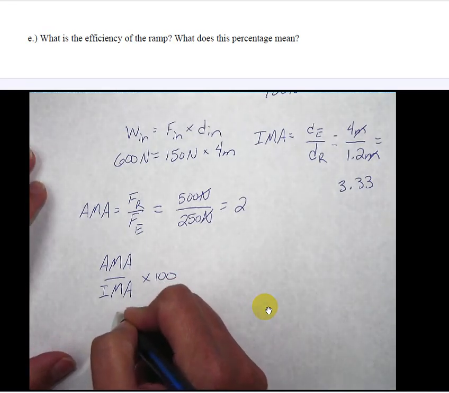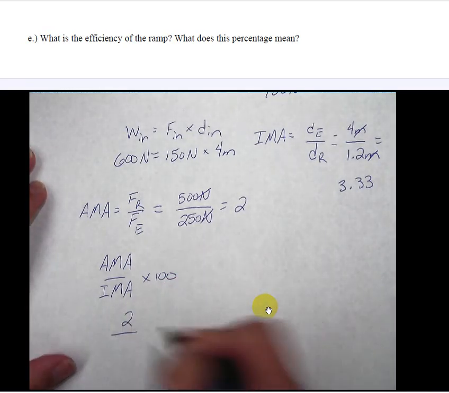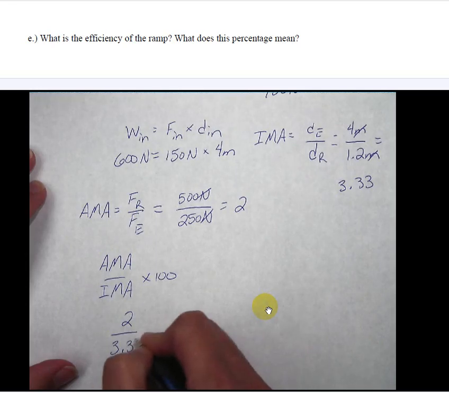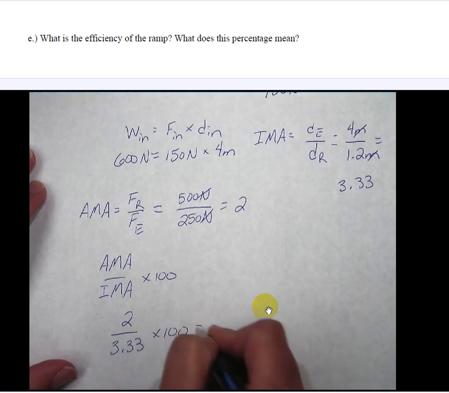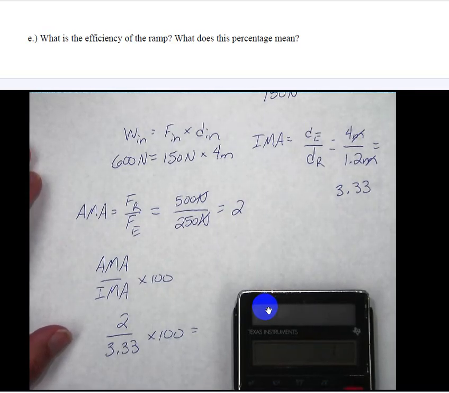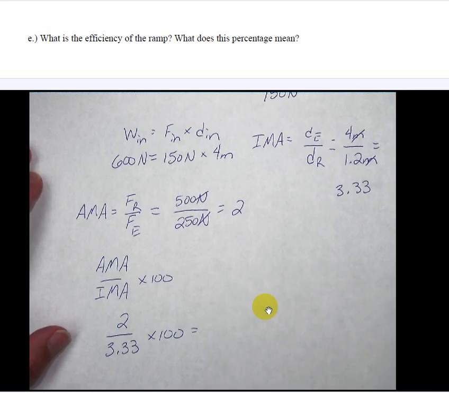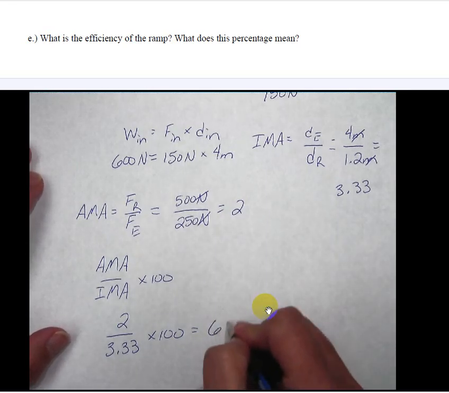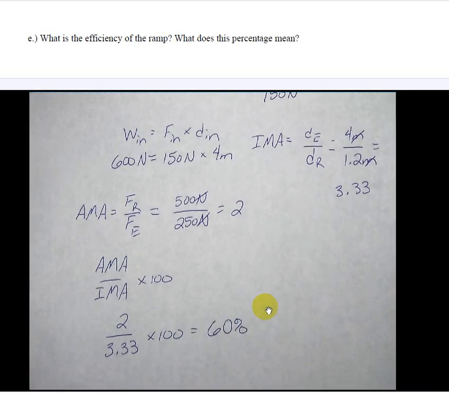So AMA was 2 divided by IMA, 3.33, times 100. 2 divided by 3.33 times 100 gives me 60%. So we've lost a lot to outside forces, right? 40%. So 60% efficiency.